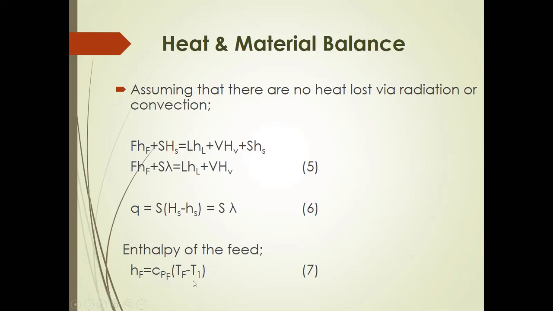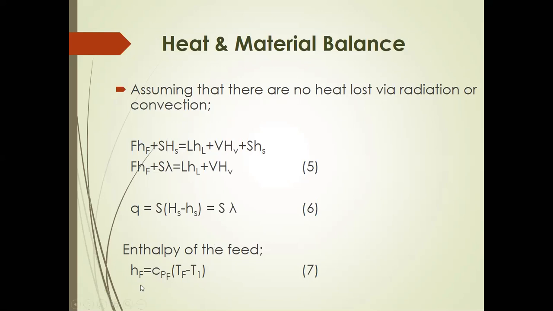What about the two formulas that I'm saying, which use the same representation as this one? You will have the heat capacity, you have the temperature of the feed, and this T sub 1 will be the reference temperature or some base temperature that you will subtract from the feed, that later on you will also use as the base temperature in determining the other enthalpies of your other streams. I'm referring to the thickened liquor.